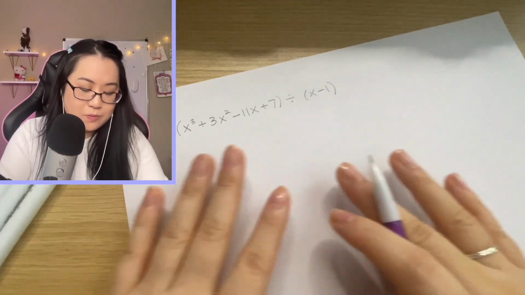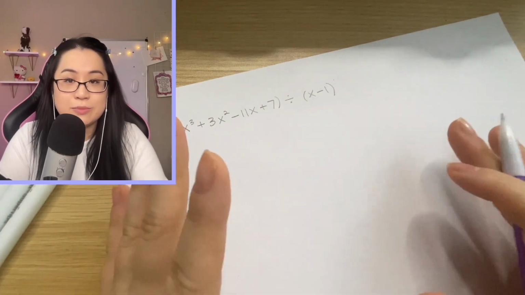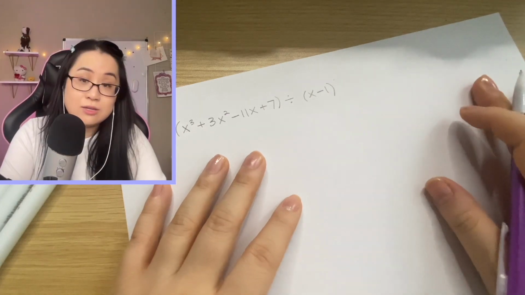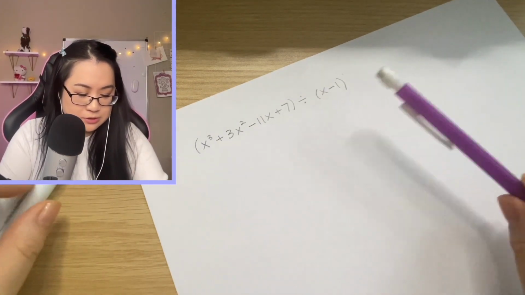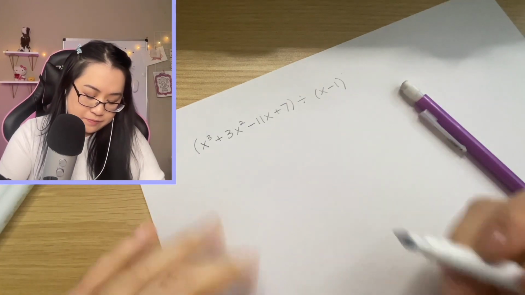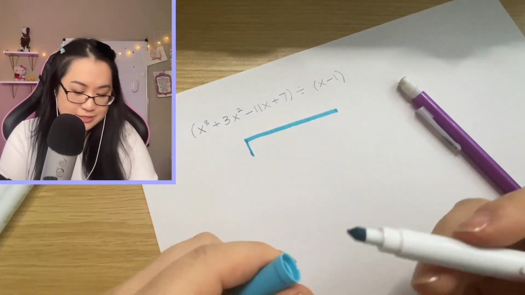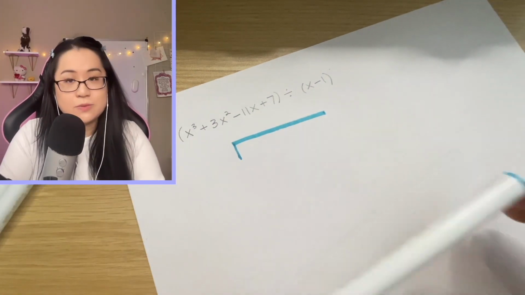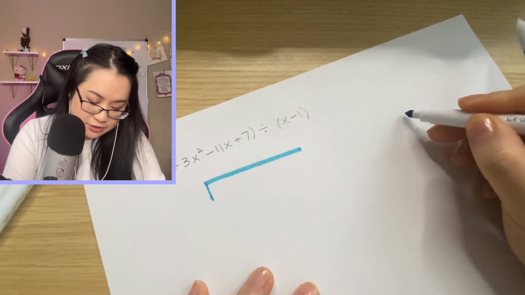So when we carry out long division for polynomials, the process is very similar to dividing with numbers. So we are going to start with our division like this. And maybe we'll do a side-by-side comparison for long division as well.